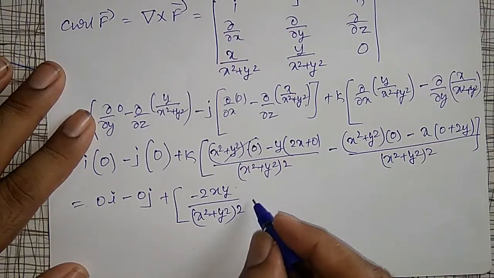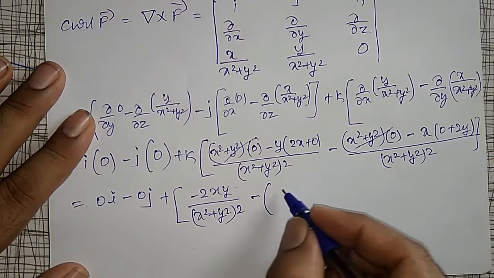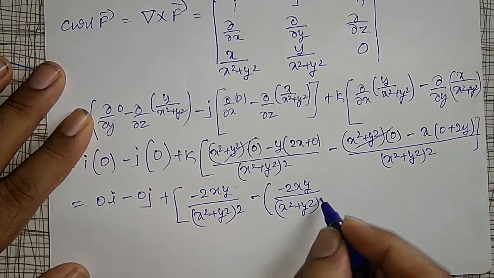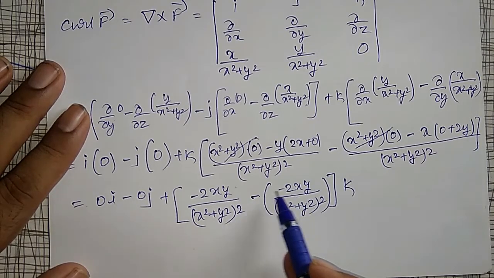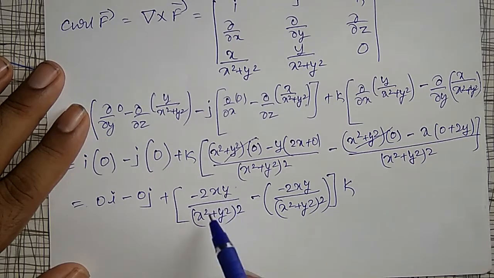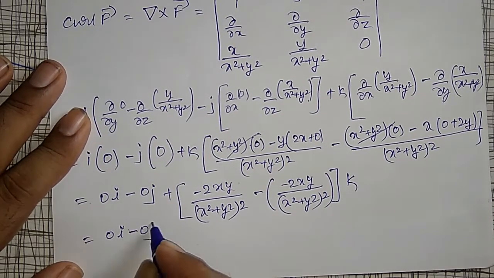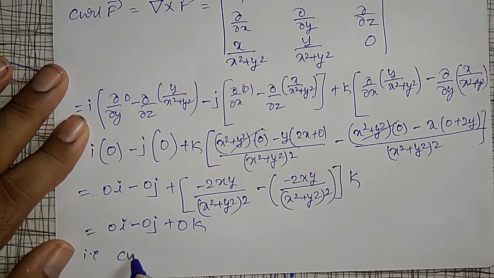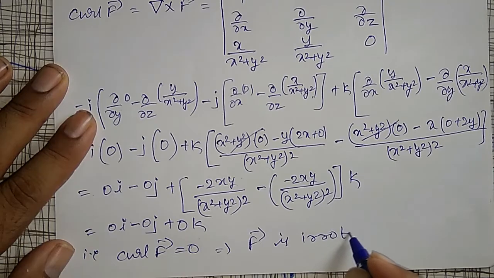Next, minus here, and this is 0 minus 2xy divided by (x² + y²)² into k, and again here minus of minus will come plus, the LCM is the same, therefore minus 2xy plus 2xy cancels, therefore that is 0i minus 0j plus 0k. That is, curl of f is also equal to 0, which implies f is irrotational.